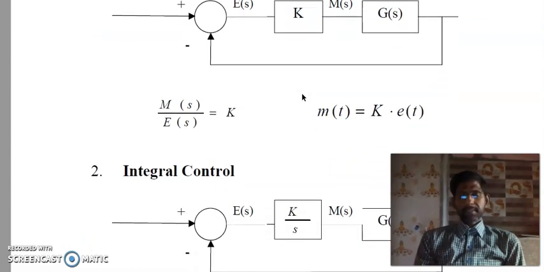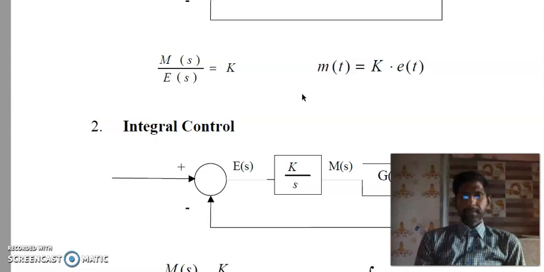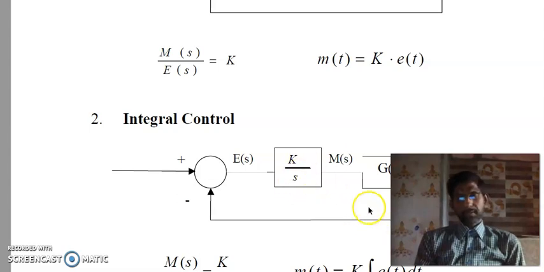Integral controller. Please observe the names. In place of block k, you just replace the block k by k by s. The remaining thing is the same as it is. So in the closed loop system, for the proportional controller we use the block gain k, whereas for the integral controller, the name itself indicates integral, so it is nothing but k by s.